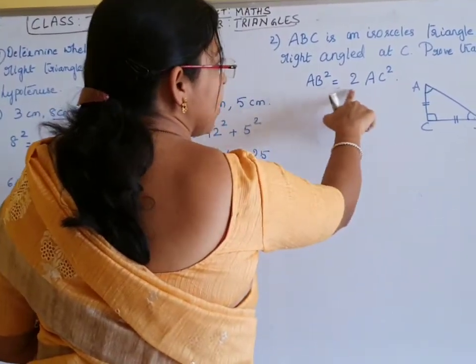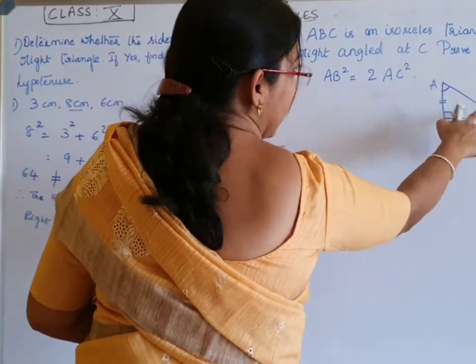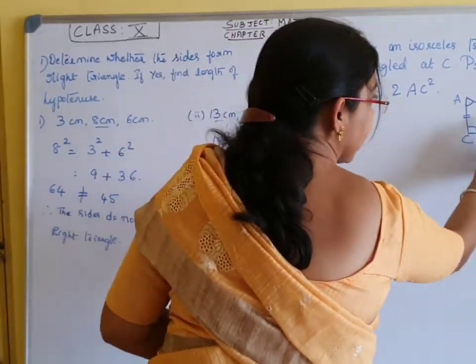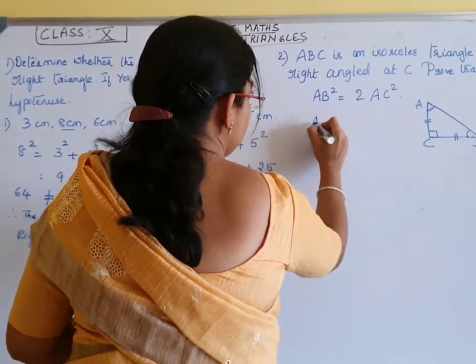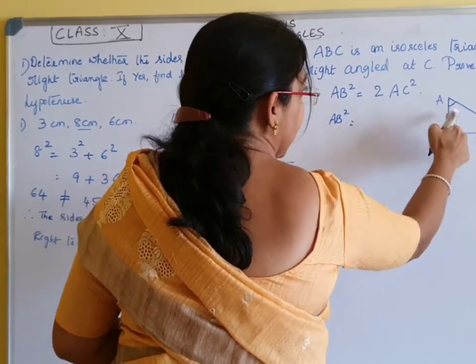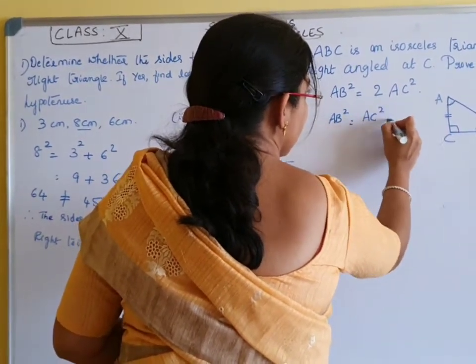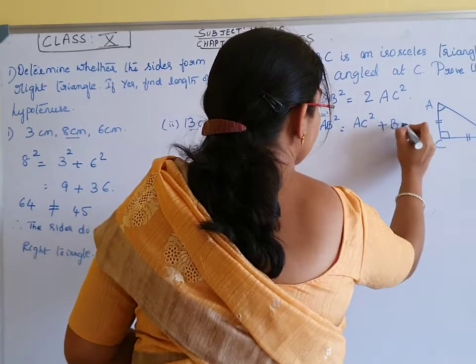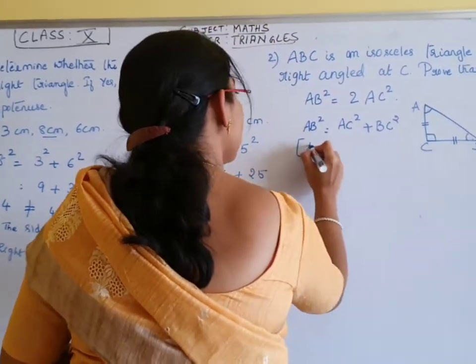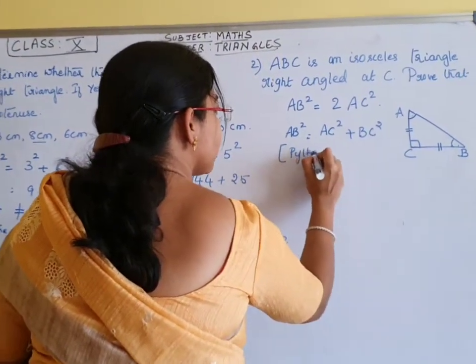Prove that AB square is equal to 2AC square. AB is the hypotenuse because it is the side opposite to 90 degrees. AB square is equal to AC square plus BC square, because we are applying Pythagoras theorem here.